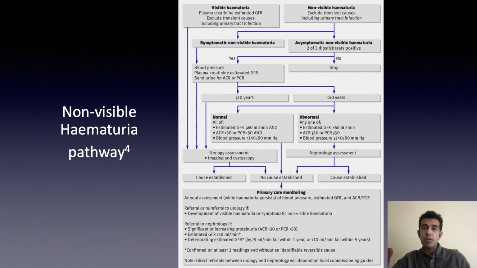It's not always immediately obvious, but this is a fantastic pathway suggested for primary care doctors to look at, ensuring that the patient is promptly seen by the urological team if appropriate, or is moved to another specialty such as nephrology for further assessment.